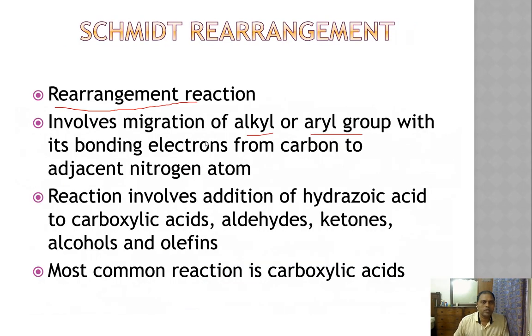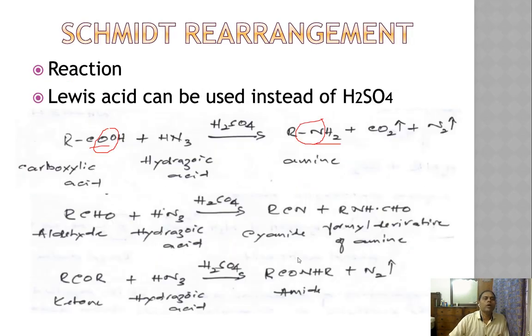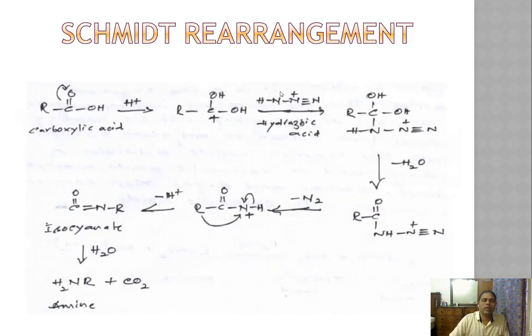That's what it says. And this reaction involves addition of hydrazoic acid to carboxylic acids, aldehydes and ketones, as well as alcohols and olefins. So the reaction is with hydrazoic acid. This is hydrazoic acid, HN3. So further the structure can be expanded like this.